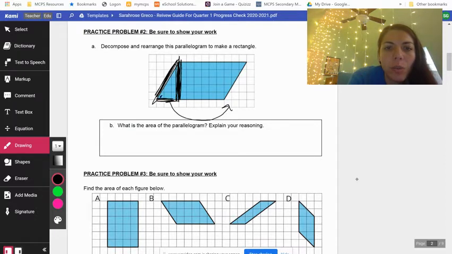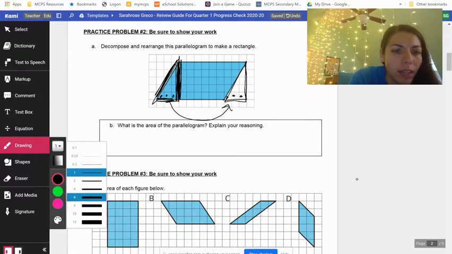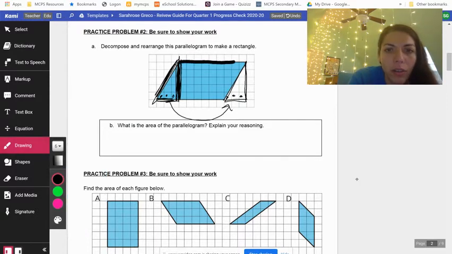So this was 1, 2, 3. So I'm going to go 1, 2, 3, and I'm going to go right up to the point, and I'm going to rewrite my parallelogram. I moved it. So now I'm only looking at it as, oh, look at this. So now this is my new shape.